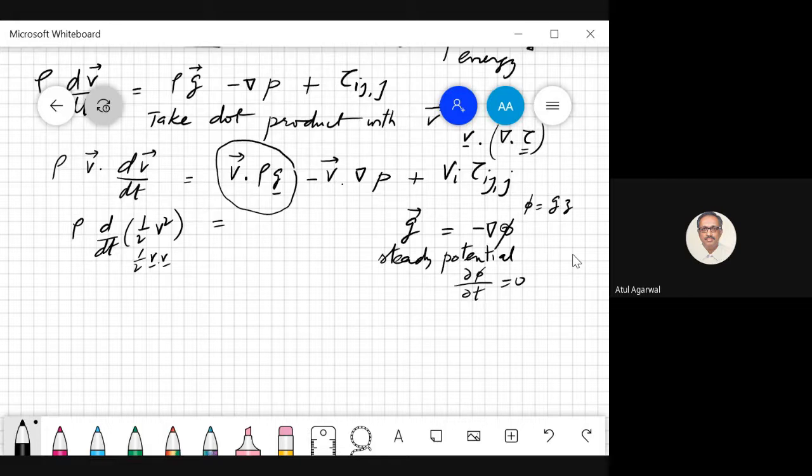So what can you do now? Now what is d phi by dt? Del phi by del t plus velocity dot gradient of phi.